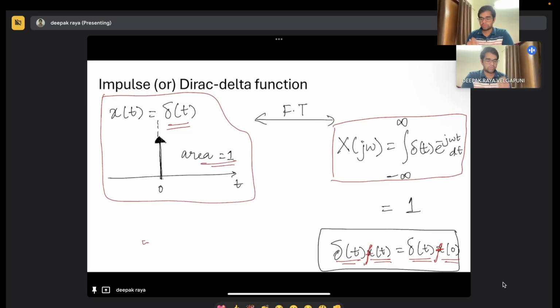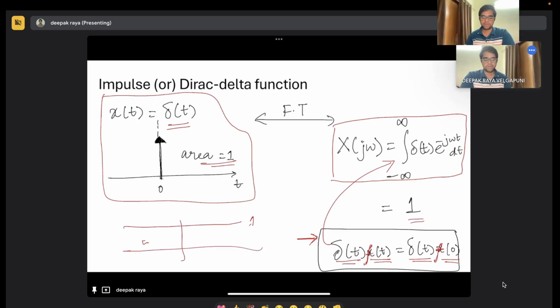It doesn't have a definite value at 0, it has an area of 1. This is one of the identities we have from the definition of the Dirac delta function. When you use this definition, the expression reduces to 1. So the Dirac delta function's Fourier transform is a constant 1.